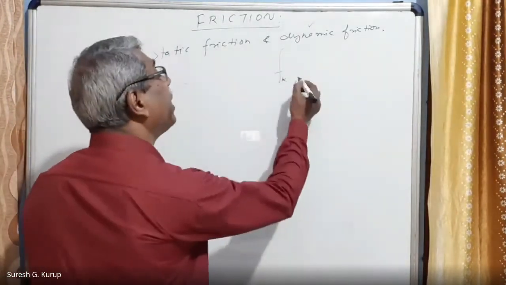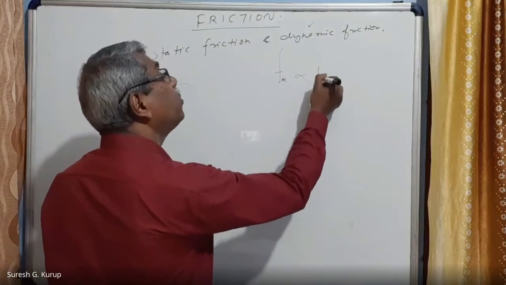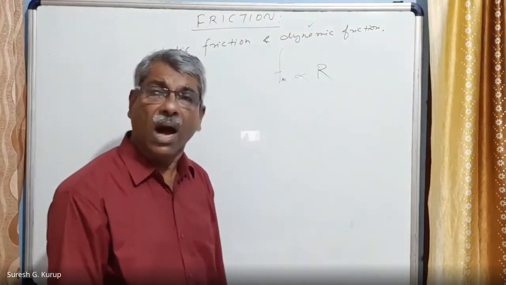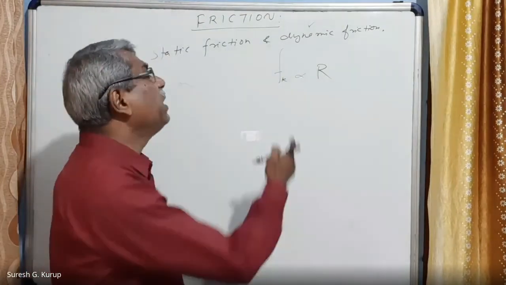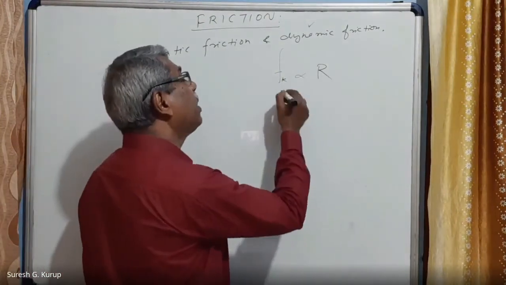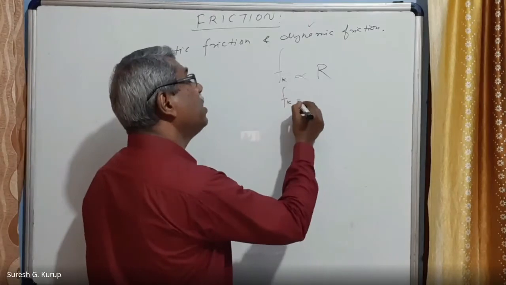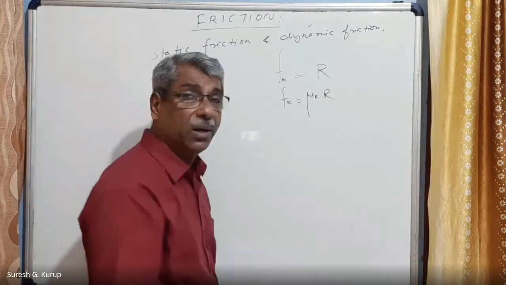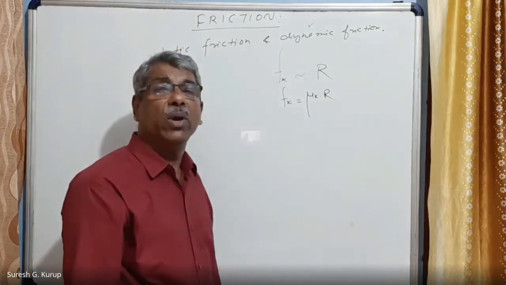The normal reaction is most of the time denoted by the letter R, right? Fk is directly proportional to R. Therefore, Fk is equal to a constant mu k into R, where mu k is called the coefficient of kinetic friction.